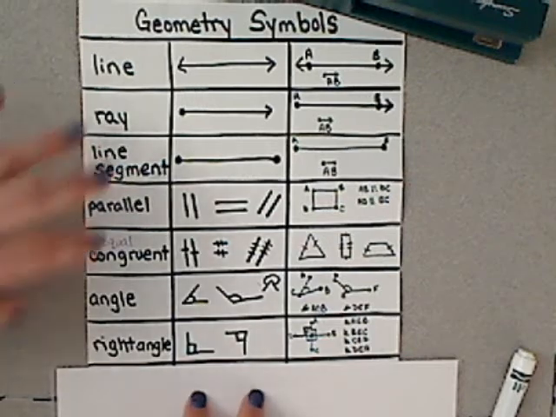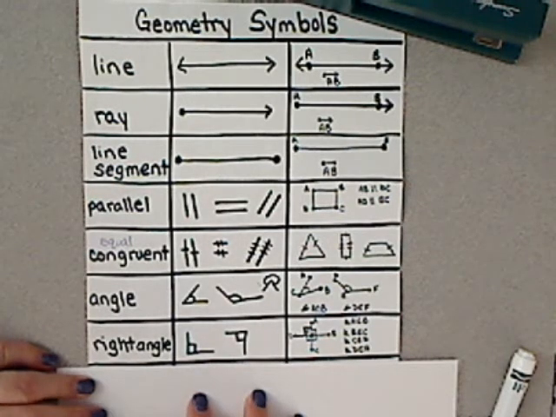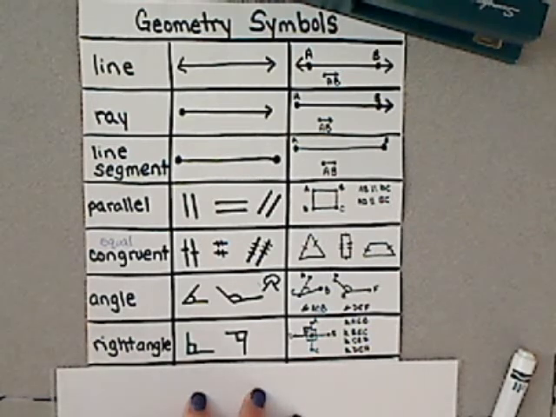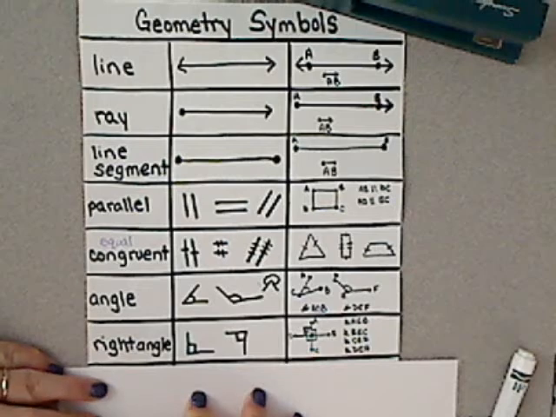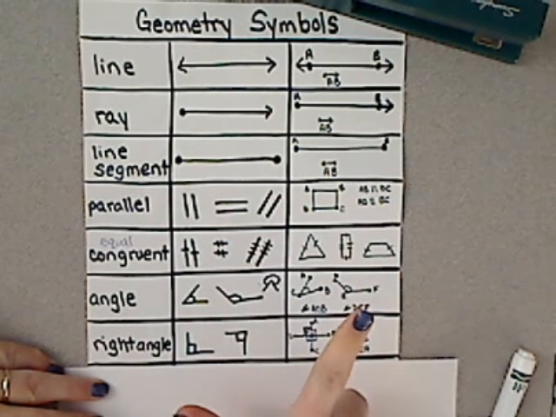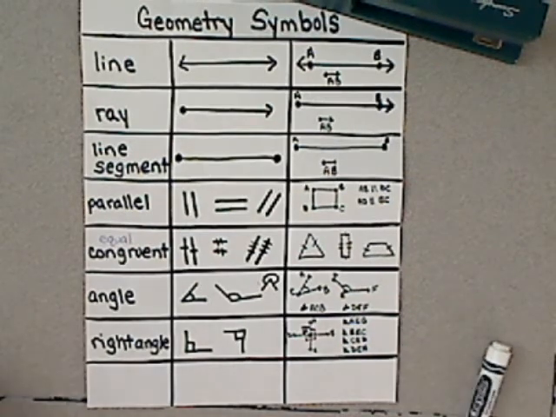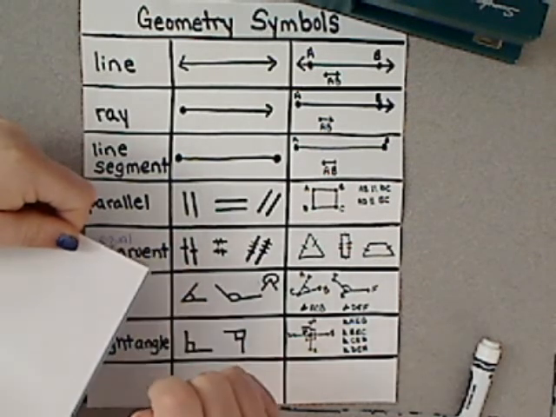And last but not least, we have right angles. And we're actually going to talk more about right angles in the next, excuse me, the next video as well. Right angles create an L, a perfect L. Now, if you're ever unsure if an angle is a right angle, use the corner of a piece of paper.